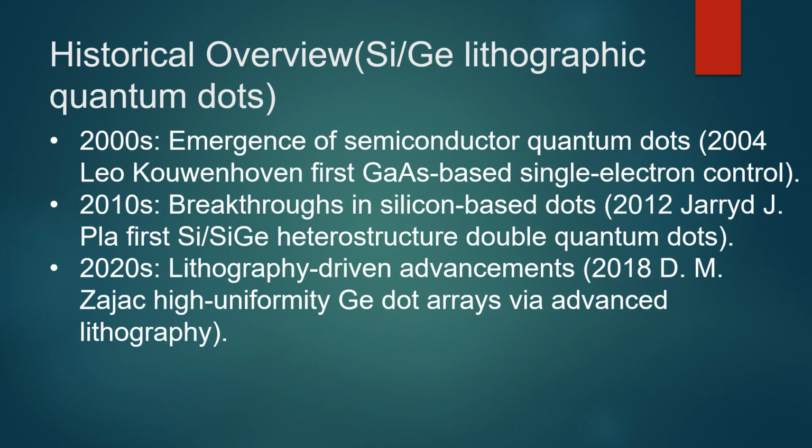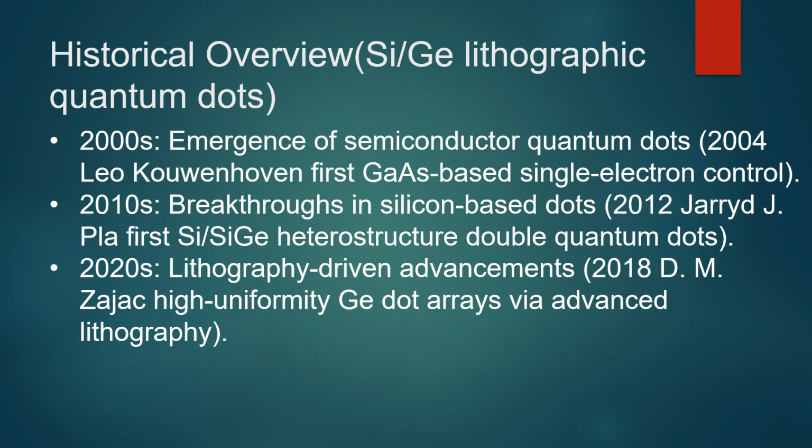As for silicon germanium quantum dots, most of the breakthroughs happened in the last 20 years. In 2004, Netherlands scientist Leo Kouwenhoven first showed single electron control in semiconductor material, and later in 2012, also in the Netherlands, Gerard J. Blasch first showed silicon germanium heterostructure double quantum dots.